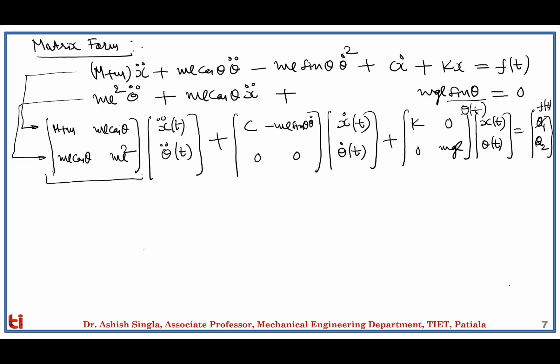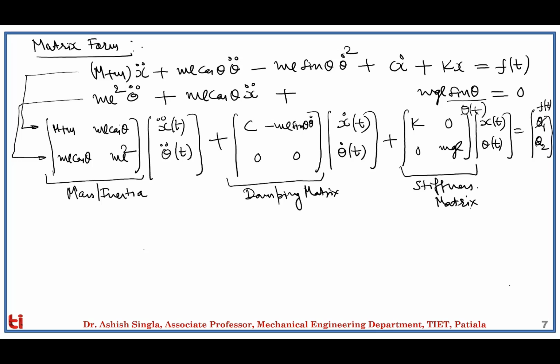Here we know the first matrix is called the mass matrix or inertia matrix. The second matrix is called the damping matrix, and the third matrix is called the stiffness matrix. As discussed in the previous session on Newton-Raphson formulation, we can clearly see over here that the mass matrix is symmetric, it is positive definite, and it is not necessarily diagonal.